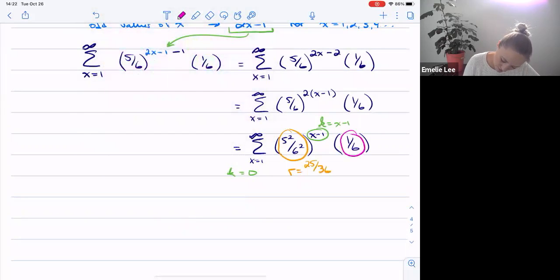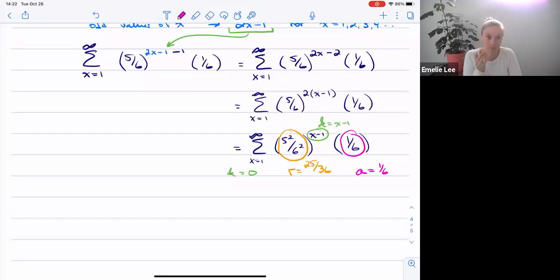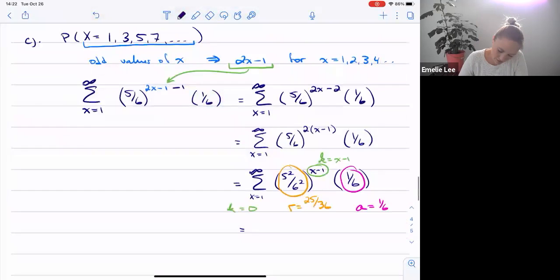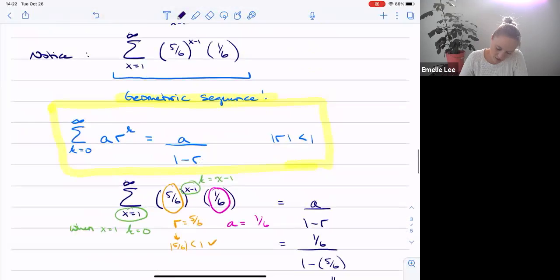And then A is 1 over 6 still. Okay. So as long as k is running from 0 to infinity, then I can apply the geometric sequence formula. And so I have A over 1 minus R.